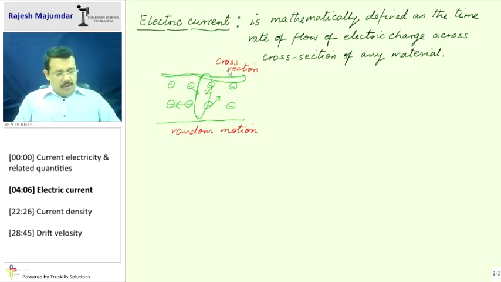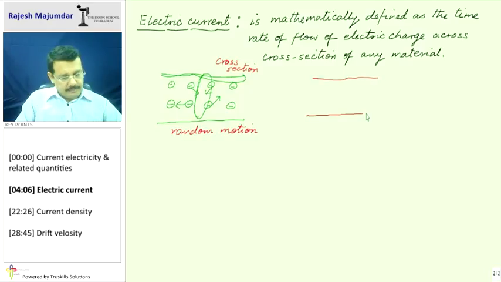Okay. Now, suppose we take a conductor and make this side positive and the other side negative.